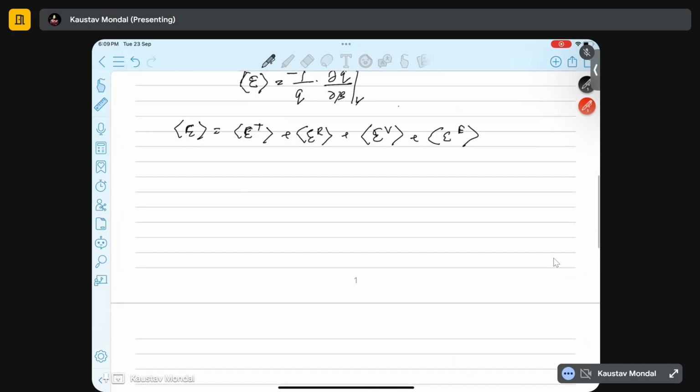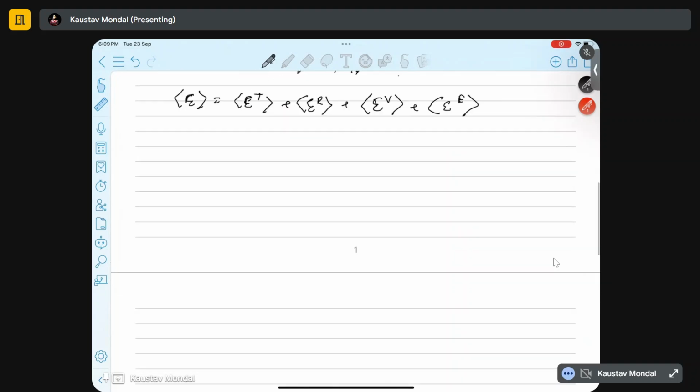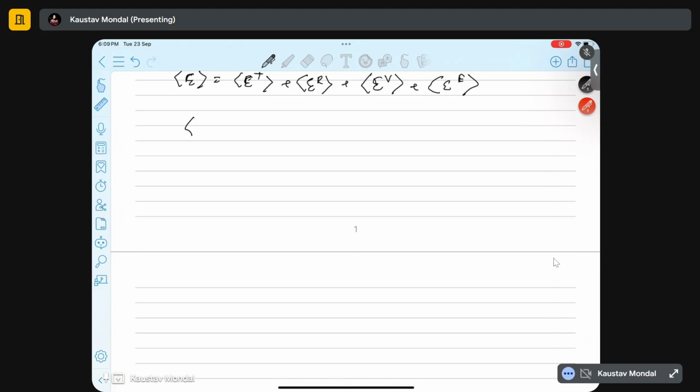We first calculated the translational contribution to the mean energy, that is E_T. E_T is simply minus 1 by Q_T del Q_T by del beta. We know Q translational is V by lambda cubed, right? If you substitute Q_T into this expression, you will get the value of E_T as 3/2 kT.